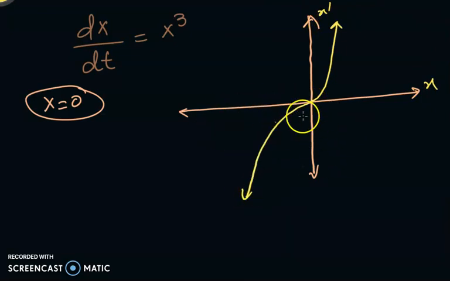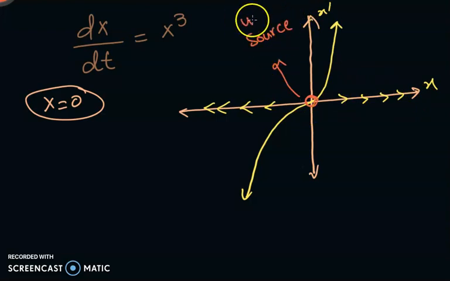When x is less than 0, x prime is negative, so it should be leftward. And for x greater than 0, it should be rightward flow. So the point x equal to 0 is an equilibrium point, and we can see that this point is a source because the flow is repelled away from both sides, so this is a source and also unstable.